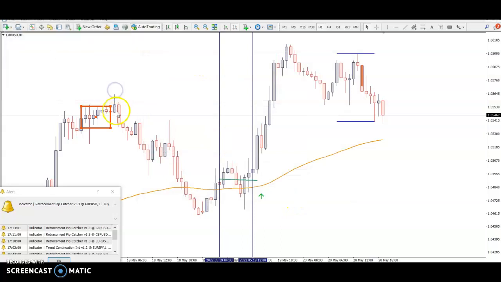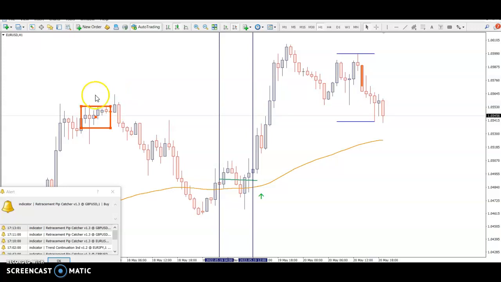But look at the size of this wick. This says it went up here and came all the way back down. There was a lot of selling pressure on that. What you really want is for this wick to be smaller in comparison to the size of the candle.